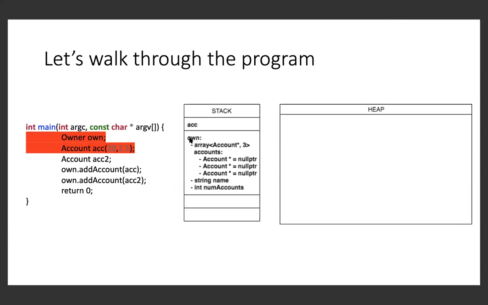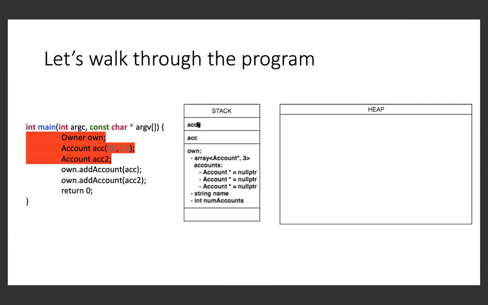So we have the owner inside the stack. This is very similar to before at the first line. We have the owner in the stack. The array of accounts has 3 pointers being initialized to null pointer. And then we have ACC, which is what's called with the regular constructor. We can see it being pushed to the stack on top of owner. It's right here.